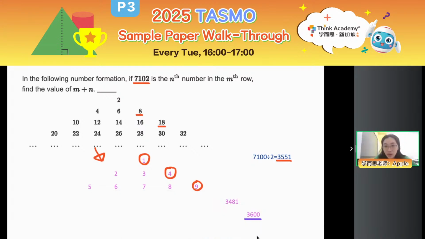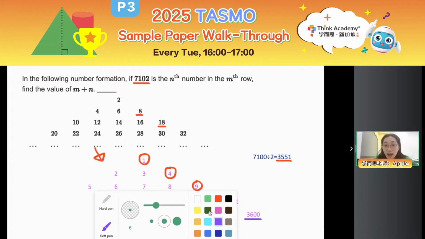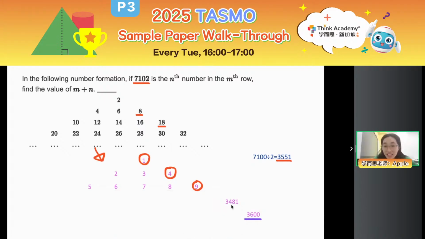Okay, so here we can confirm row 60. But you still need to consider the column. Everyone think about it. If I already know that the last number of row 59 is 3,481, so what is the first number in row 60? Yes, you just plus 1, which is 3,482.